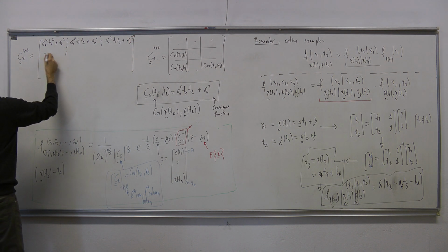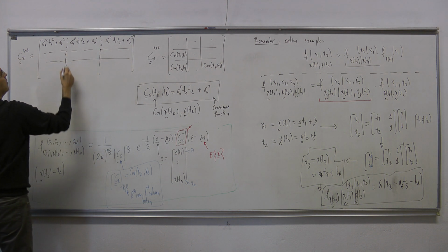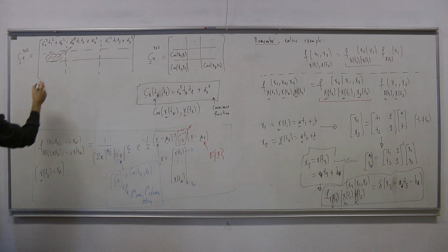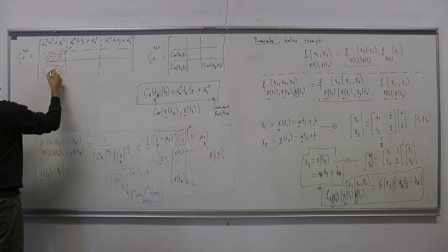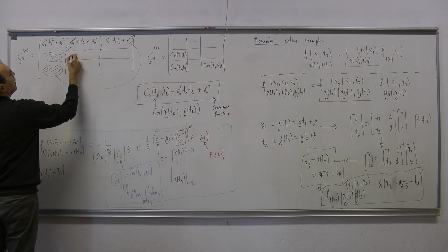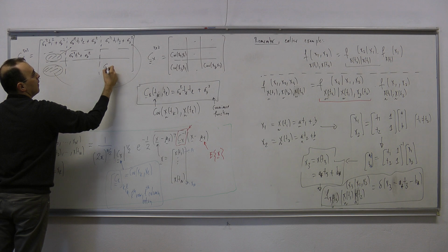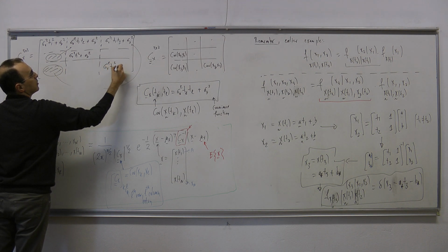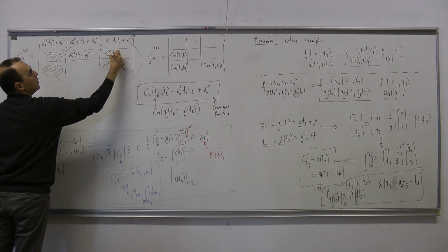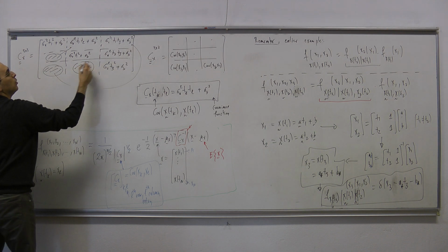Since this is a symmetric matrix, this part is equal to this one. How about this one? This is sigma a square T2 square plus sigma b square. This is T2, T3. And this is equal to this.